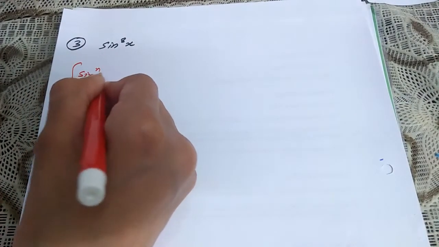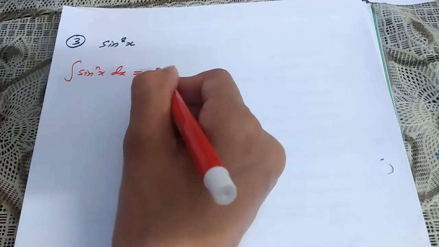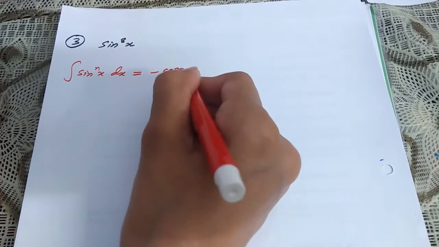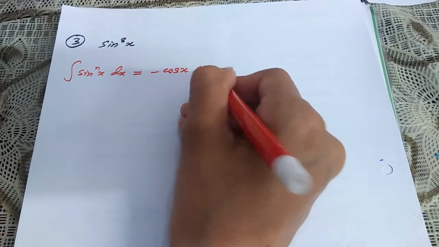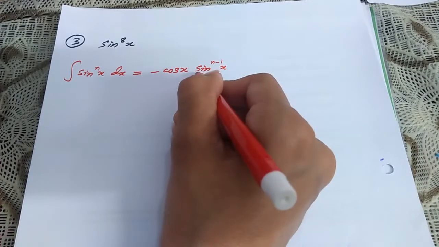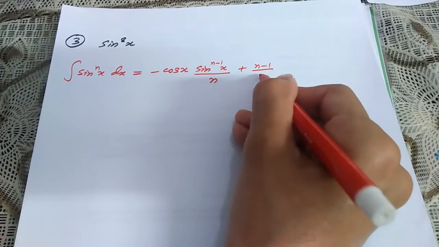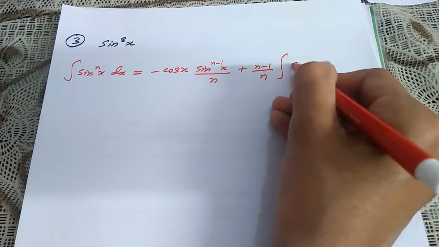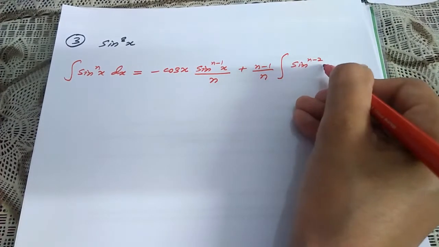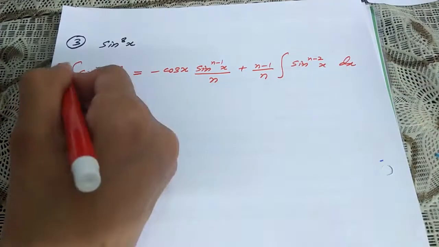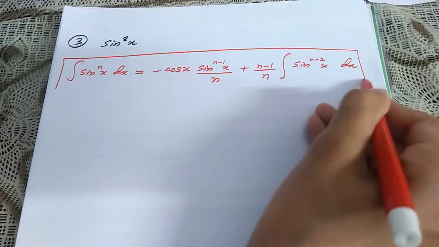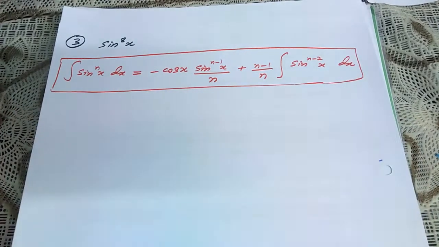If we have sine nx dx, this will be always equals to minus cos of x sine of n minus 1 of x over n plus n minus 1 over n integration sine of n minus 2 x dx. This is the reduction formula for sine n of x. You have to memorize this formula.